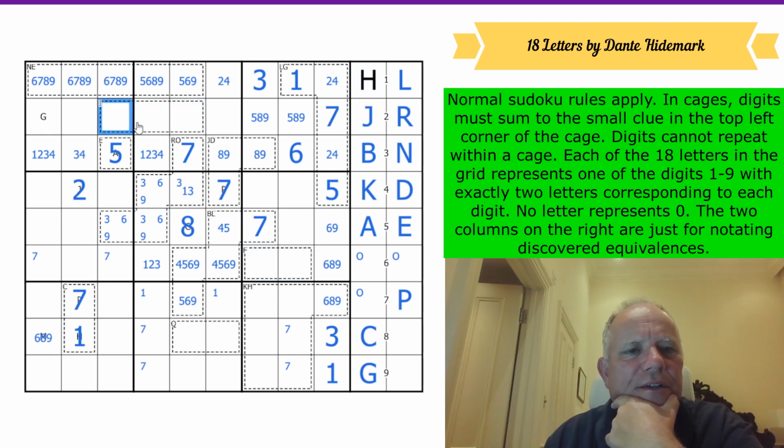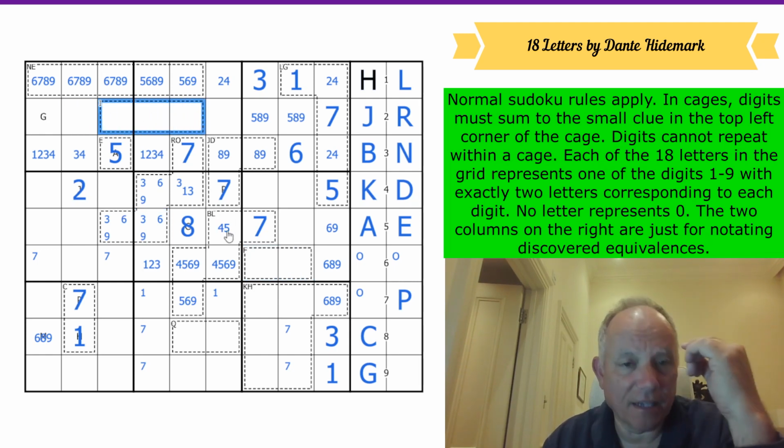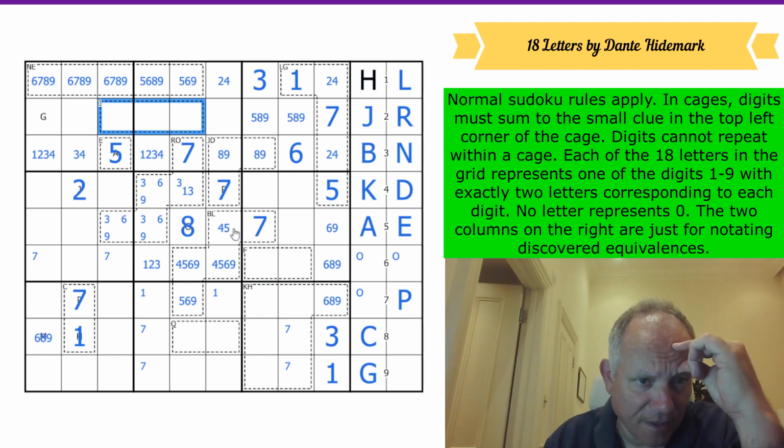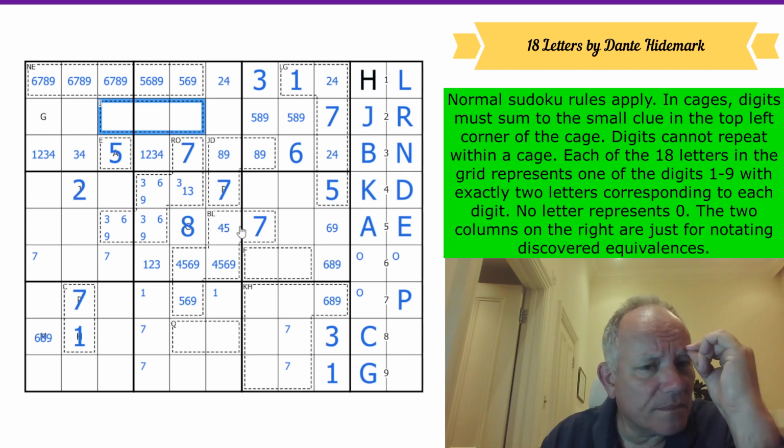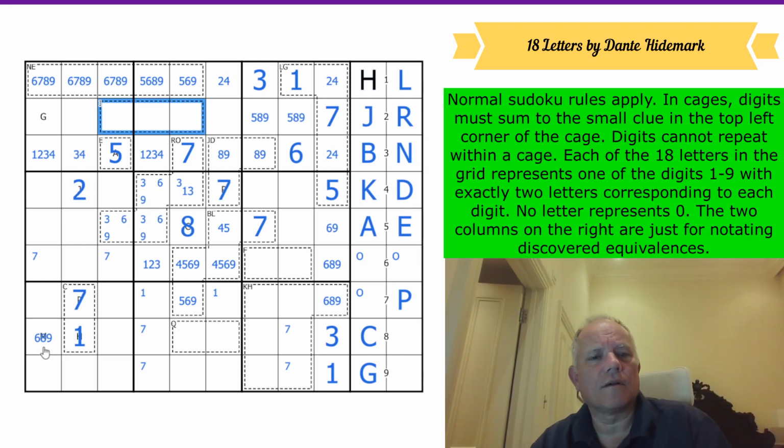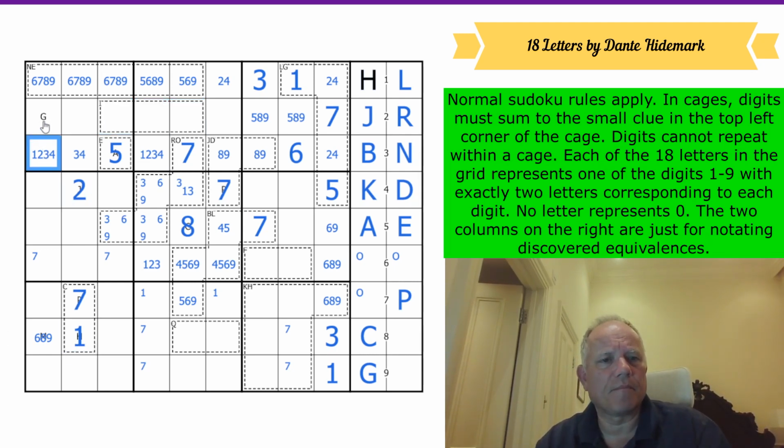I only know high numbers that it doesn't have in it, like 7 and 5, and it's difficult to get the other high numbers in. On the other hand, 1 and 2, one of them can be there in this box, but the other one has to be in one of those two cells.